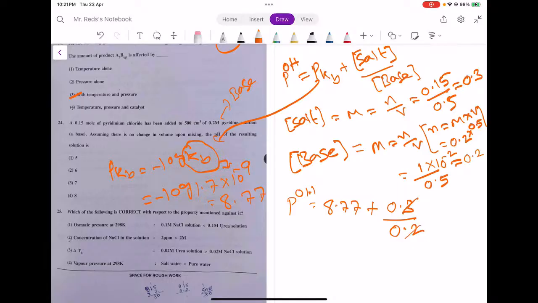Here 1.5, log, sorry students, this is 1.5, pOH is equal to 8.77 plus log 1.5.